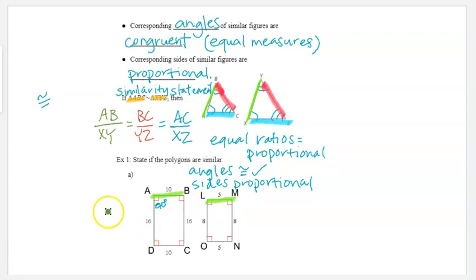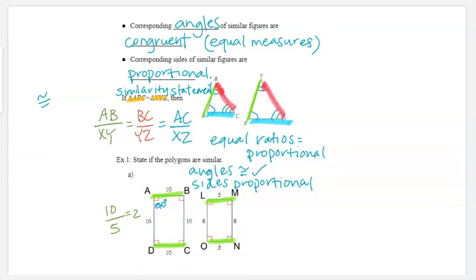If I go and put those together in a ratio, AB is 10 over LM, which is 5. This is 10 divided by 5 when I go to simplify, and that is equal to 2. Now I noticed that because this is a rectangle, DC and ON have the same measurements, so I also know that DC over ON will equal 2.